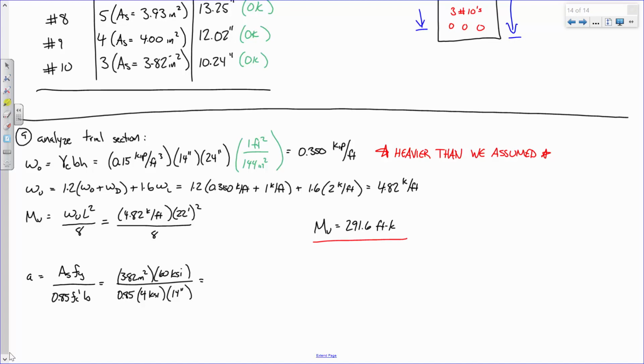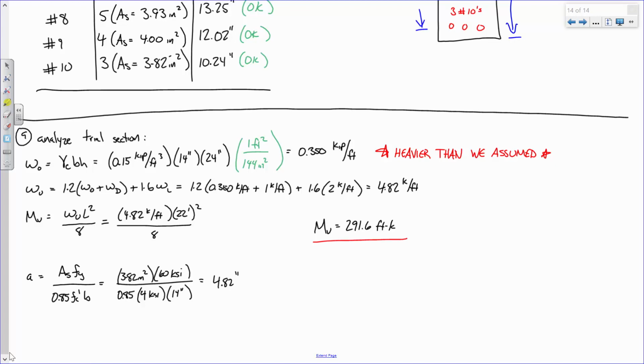What does that come out to be? Say it again. 4.82 inches.